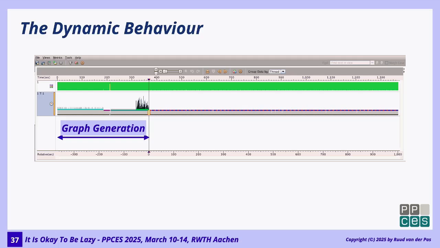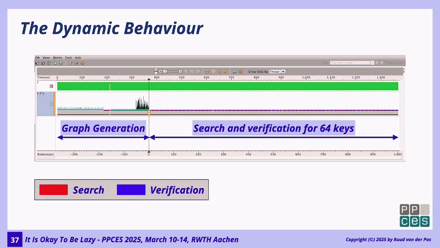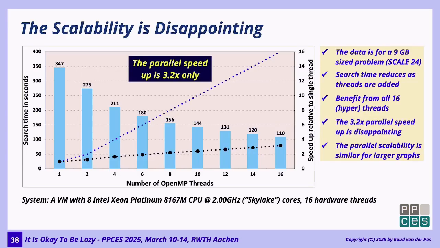You see the graph generation. This spiky thing is the recursive quicksort going on. So before it starts the algorithm, there's some sorting going on. And then there's an alternating pattern. Red is search, blue is verification. So you have search, verify, and that's repeated 64 times for different keys. That's what the algorithm does.